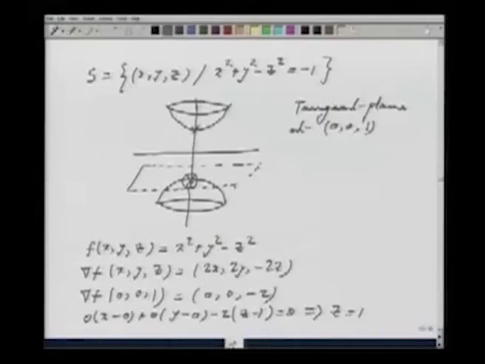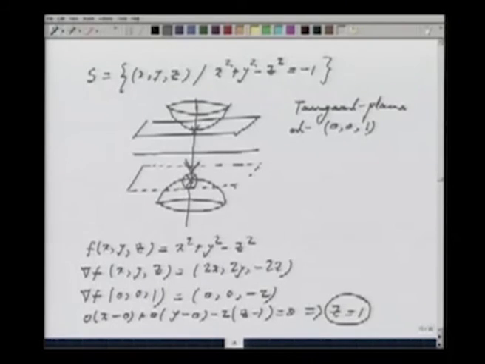Let us look back at the previous example again, which I have computed here. What was the tangent plane in the first case? I got z equal to 1. Then what was grad f at 0, 0, 1? That was 0, 0, minus 2. So the direction was this. It was going in this direction, and the tangent plane was this. See?